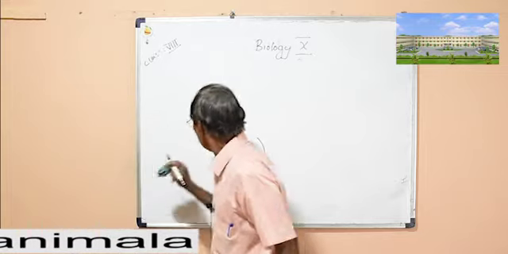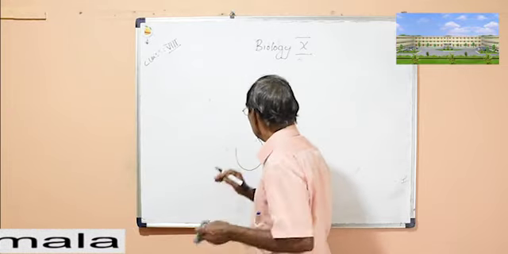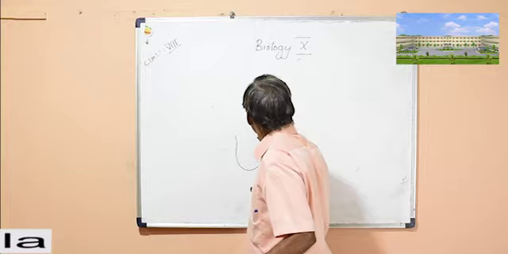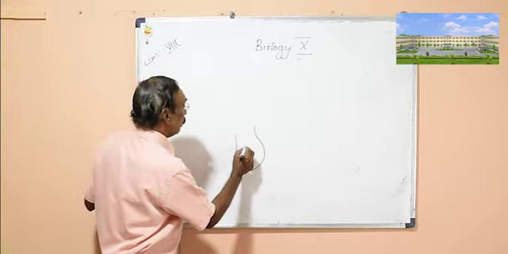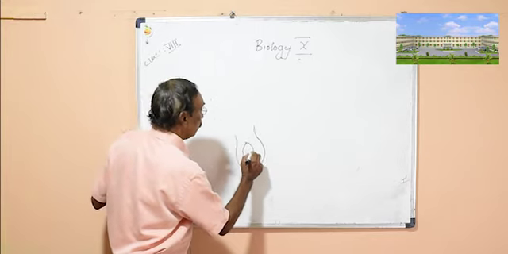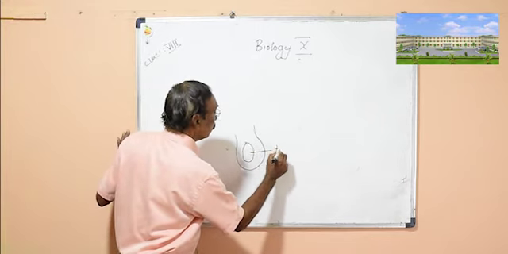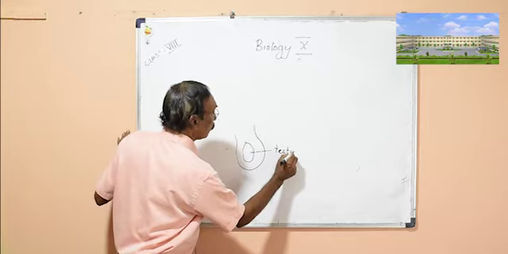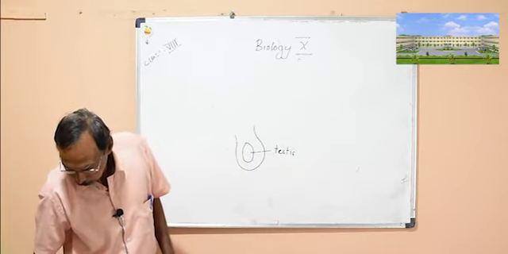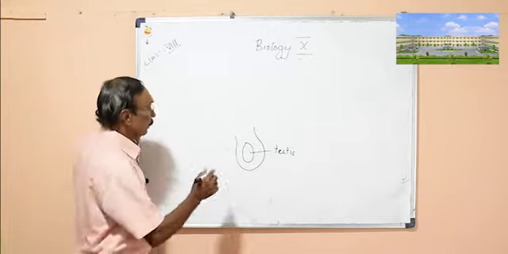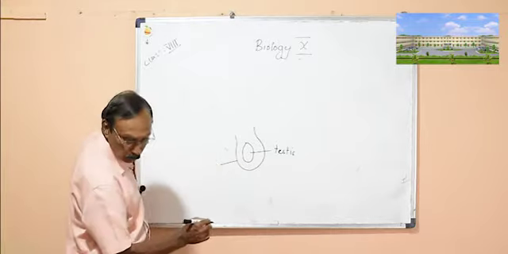If you examine animals also, you can see this in male dogs and others. These are called testis, or testes in plural. So this is the testis, hanging outside the body, and it is in a bag called the scrotum.